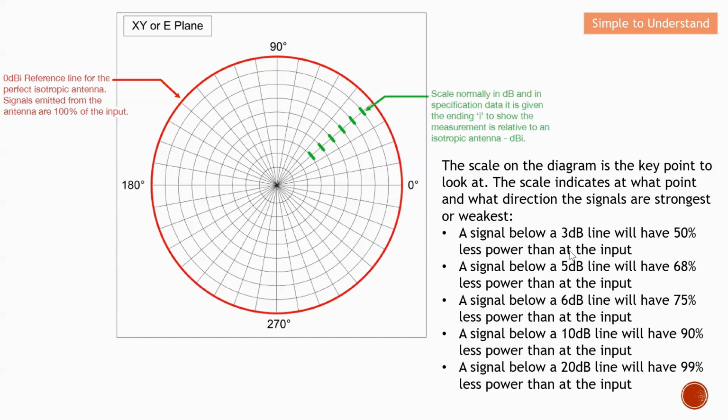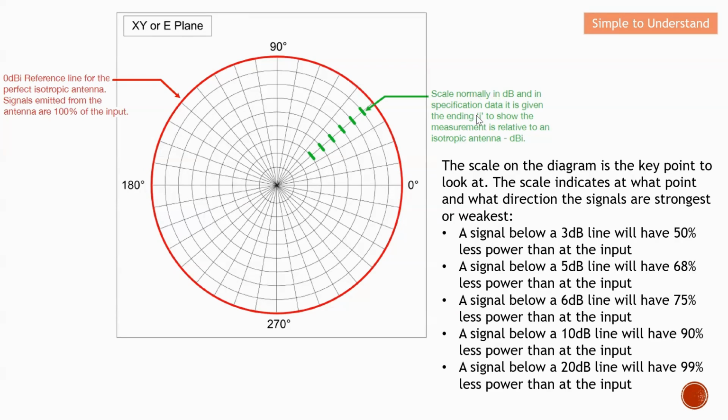So in short, over here you can see that a signal below the 3 dB line in fact has 50% less power compared to the input. And this goes on and on. But in short, over here you can see that these are the scale. Normally they are in dB, and in specific data, it can be dBi.